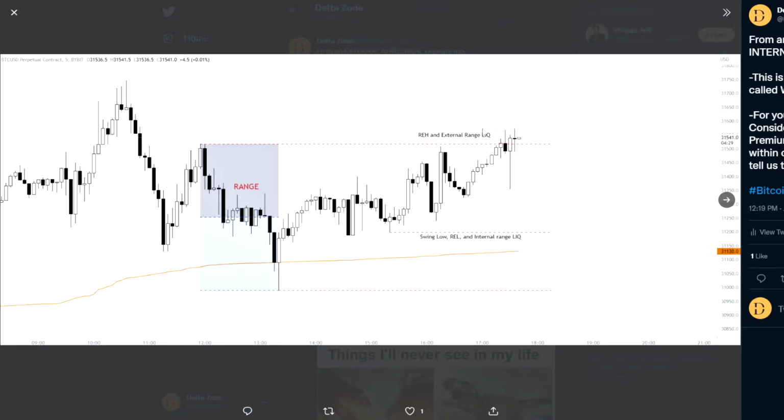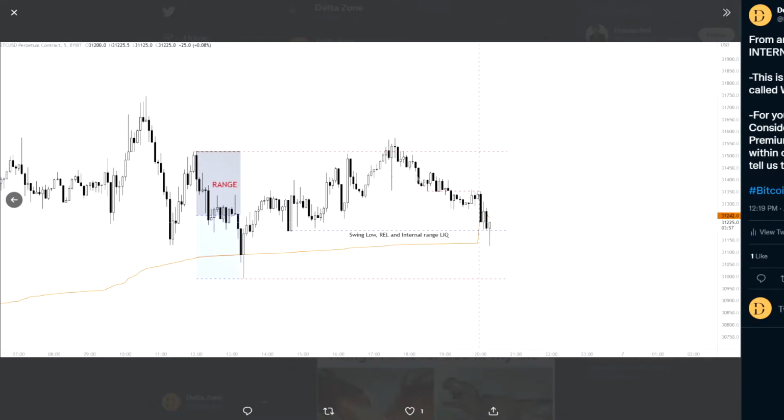But the general idea was there, right, because we were looking to short up here, and as I was saying, from external to internal range liquidity run. So this is theory and practice, which I was outlining a little bit before the time, right? So, and I think, yep, so this was just an update on that.